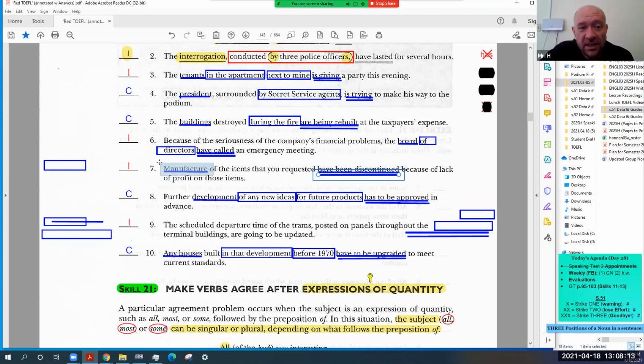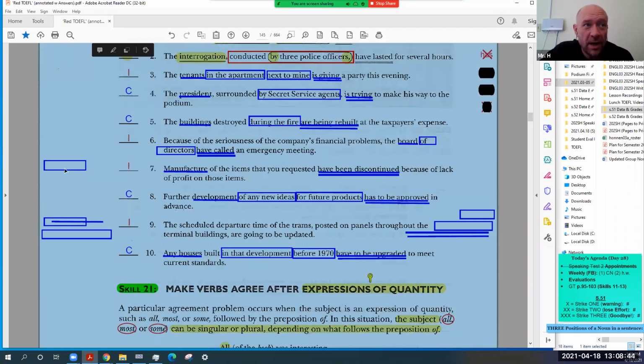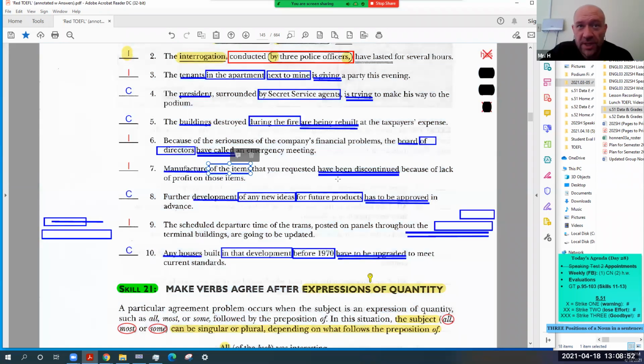Is it singular, plural, or uncountable? It's uncountable. But remember, an uncountable subject takes the singular, like water, coffee, food. What about a preposition? Yes, of the items. There you go, between the subject and verb.